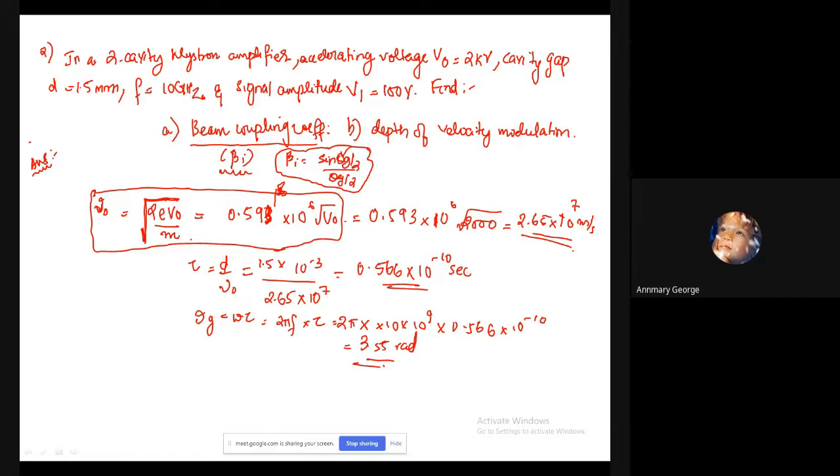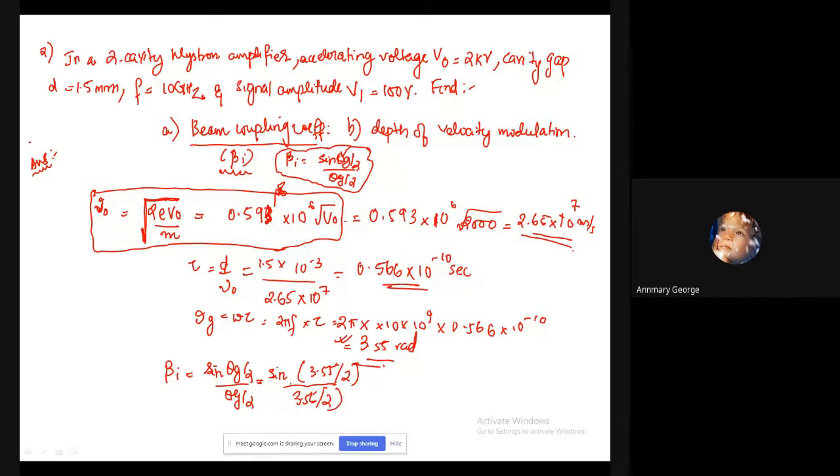Finally, substitute in the beta equation. Please write down the steps. This question is very, very important. All the questions are important. Beta i equal to sine theta g by 2 by theta g by 2. Therefore, sine of 3.55 by 2. At least type the answer in your chat.